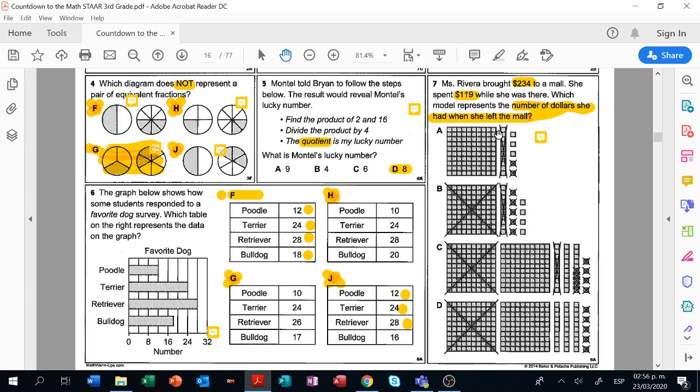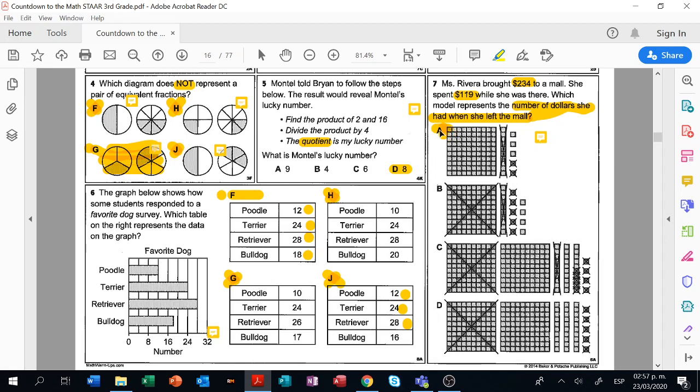Letter A is showing us 100 right here, and then 10 right here, and then 5. But we also know that 1 and 1 more here are crossed out, so that's 2 crossed out and 10 here crossed out. So this option is not correct because I cannot see 234 in total. So for this reason, I'm going to cross it out.